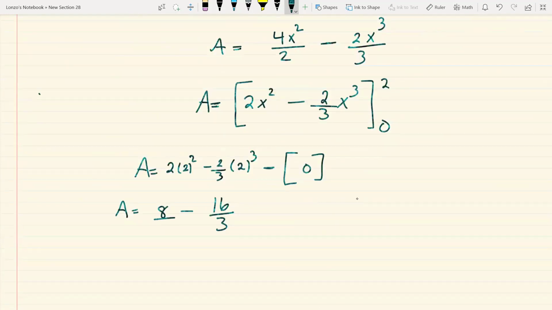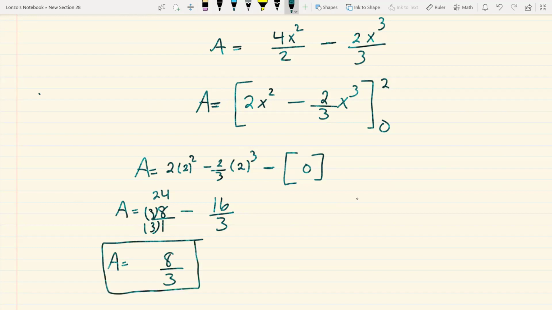And then if you want to simplify this, this has an LCD of 3. 8 times 3 is 24. 24 minus 16 is exactly 8. So your area would be 8/3. Okay, let's move on to the next one.